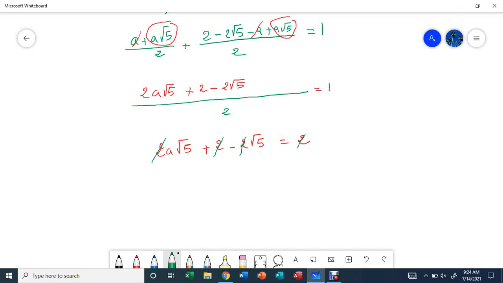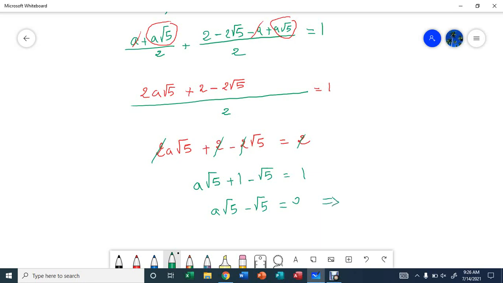So I get A square root of 5 plus 1 minus square root of 5 equals 1. Now if you subtract 1 from both sides, I get A square root of 5 minus square root of 5 equals 0.